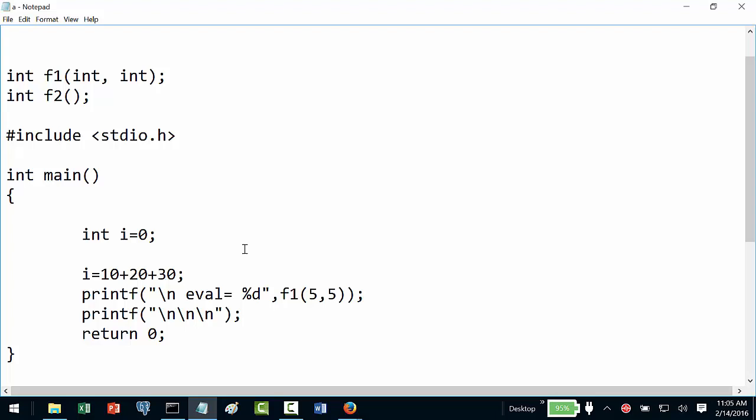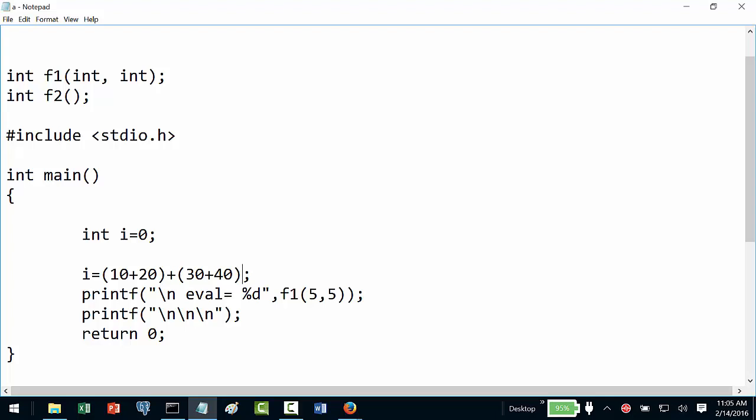We know the order of evaluation from our earlier lecture is 10 plus 20, then 30. Suppose I have something like this, 40. Now which one gets evaluated first?